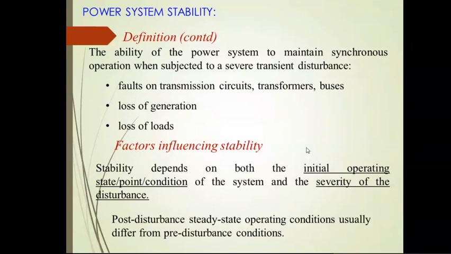That means the initial condition of the system was 2500 megawatt, and if the increase in the load is 10 megawatt, this can be achieved and stability can be maintained. The disturbance is just 10 megawatt, so equilibrium can be achieved. But if the load increases by 200 megawatt, that cannot be achieved by varying the generation. So that is the role of the initial operating point and the magnitude of the disturbance.